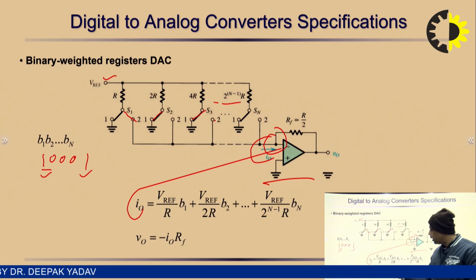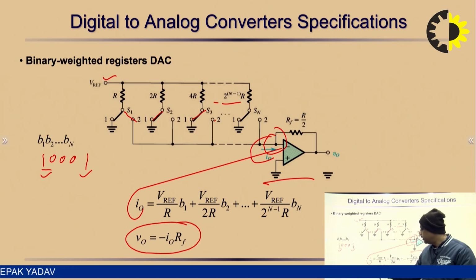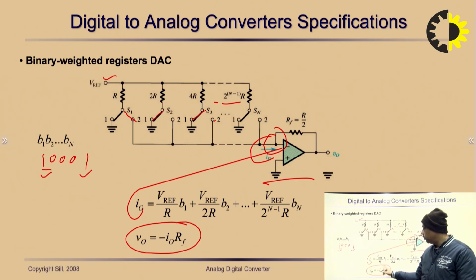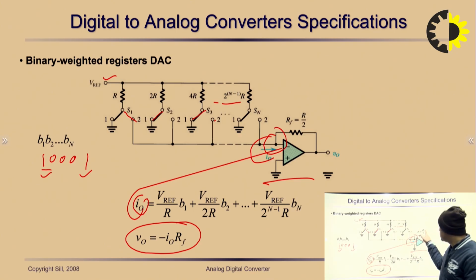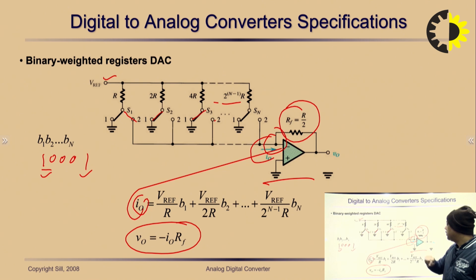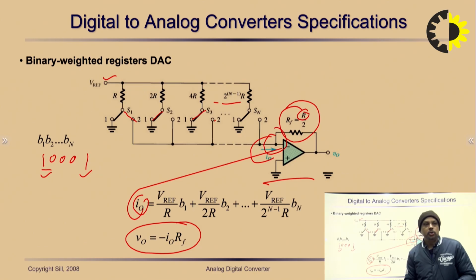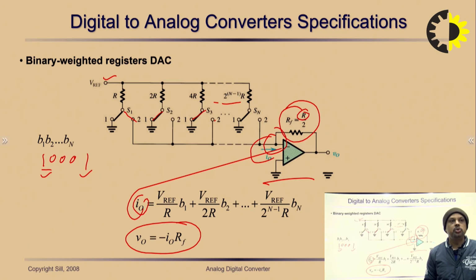We can convert this value into voltage by V naught is equal to minus I naught into R, which is RF, the resistance used in the feedback path, which is a multiple of R itself. In this way we can produce the analog output for the digital input with the help of the digital to analog converter, weighted resistance type.